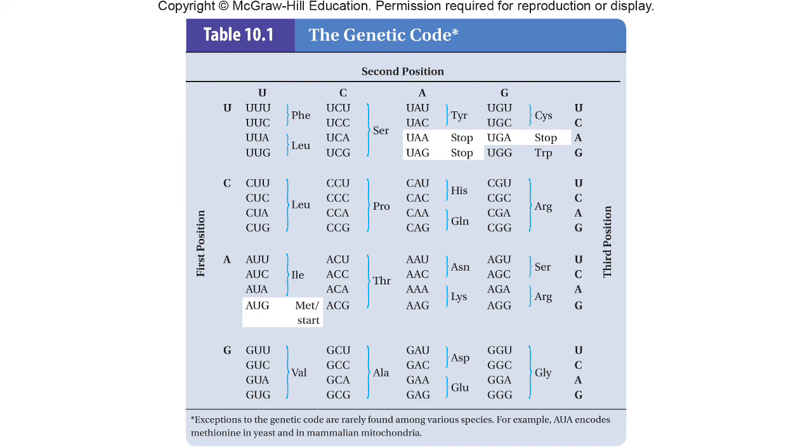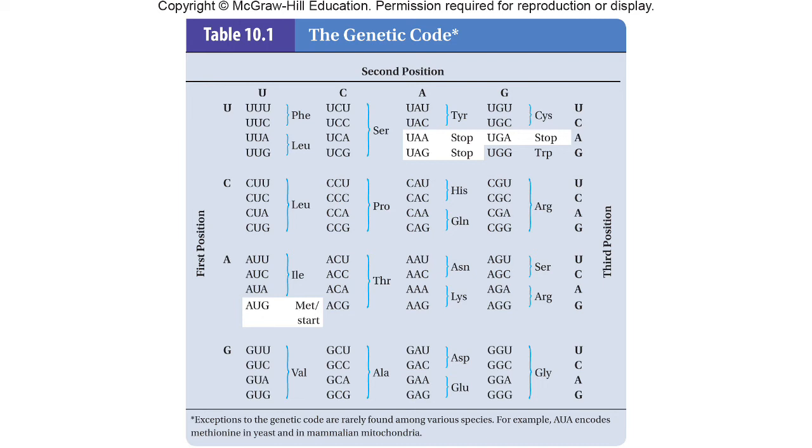If you count up the number of codons on this table, there are 64 codons. So there are 64 different ways that you can put the 4 nucleotides together in sets of 3. We also know that there are only 20 amino acids, right? So you have 64 codons, but they code for only 20 different things.